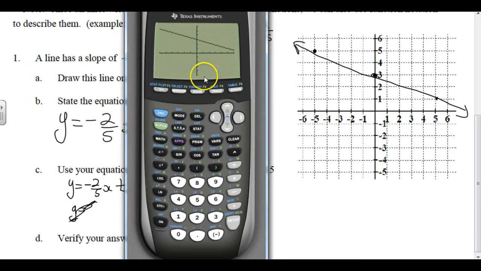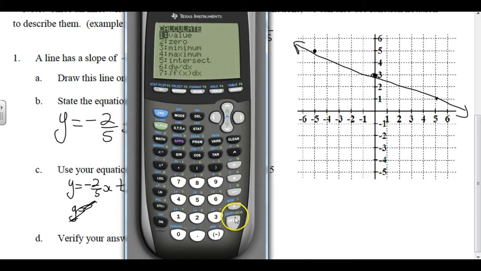Verify your answer, so I want a value, so I go second function calc, and I put in an x value of 15, and I get this error. What that means is that I need my window to actually go up to an x max of at least 15, so I can set that to 20 for my x max.